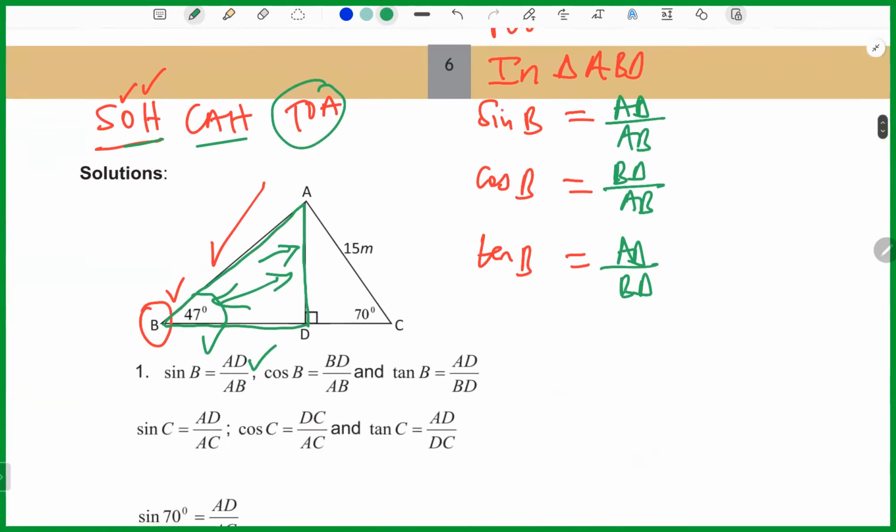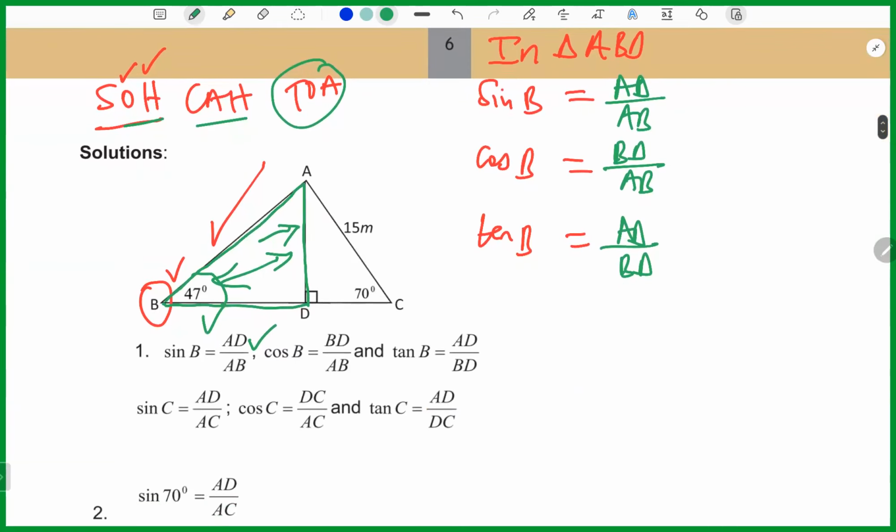So now we also need those of the angle C. The angle C is this angle there. So we're dealing with the blue triangle.